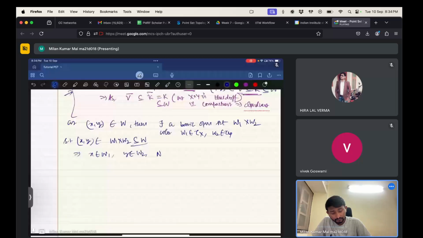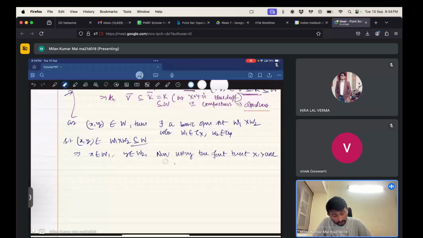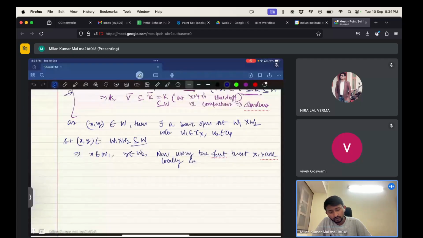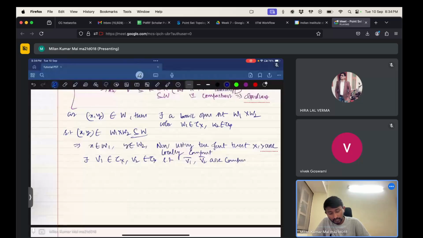Now, using the fact that X and Y are locally compact, there exist open sets V1 belongs to tau of x, V2 belongs to tau of y, such that V1 closure and V2 closure are compact in X and Y respectively, and x belongs to V1 which is a subset of V1 bar which is a subset of W1, and y belongs to V2 which is a subset of V2 bar which is a subset of W2.